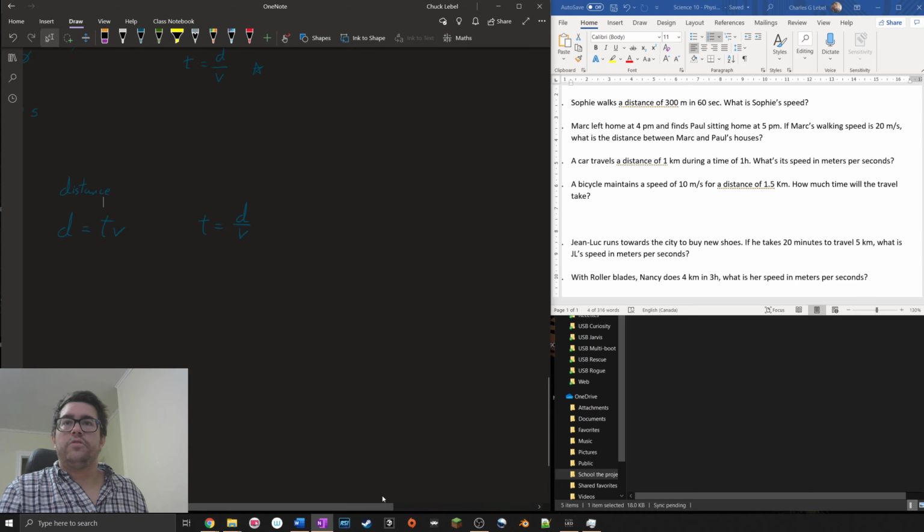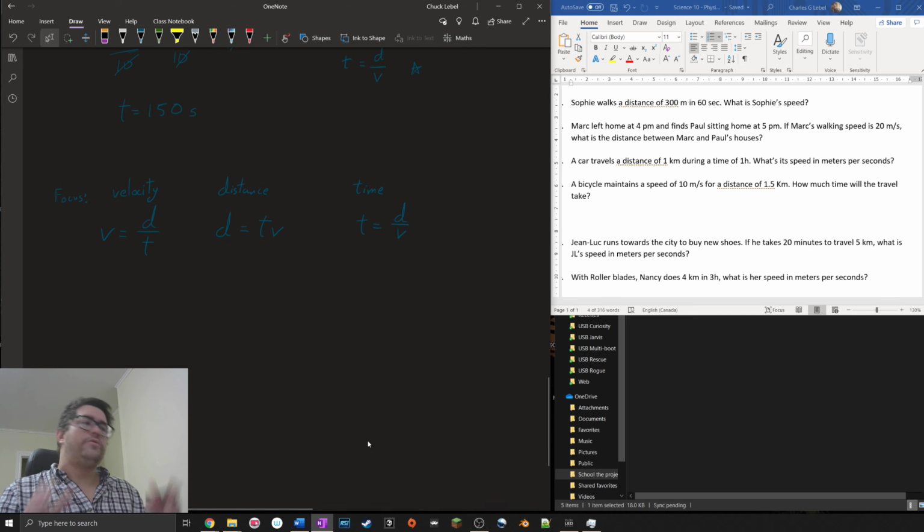And this is the formula for time. So if you have a movement of constant velocity, you can find the velocity, the distance, and the time if you have at least two others.